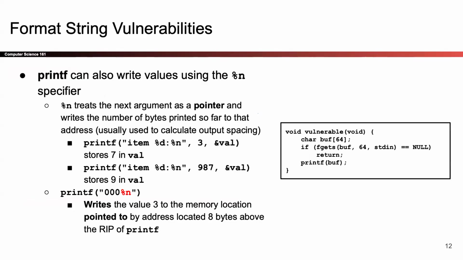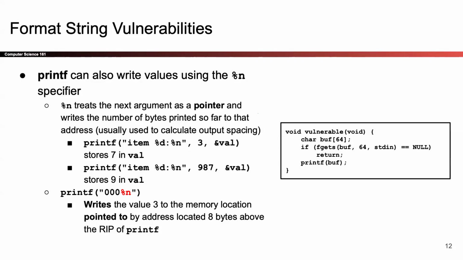One of the percent things that you can print in there, besides %d and %s, is %n. Most of the percent things cause printf to read memory and then print it. %n does something different. %n keeps track of how much has been printed so far and then writes to program memory the number of characters that have been output so far.